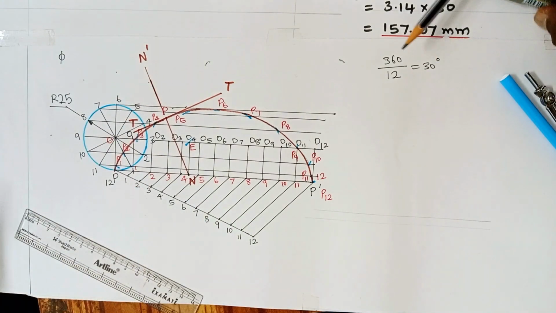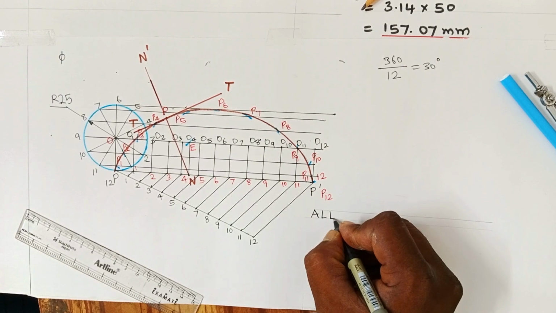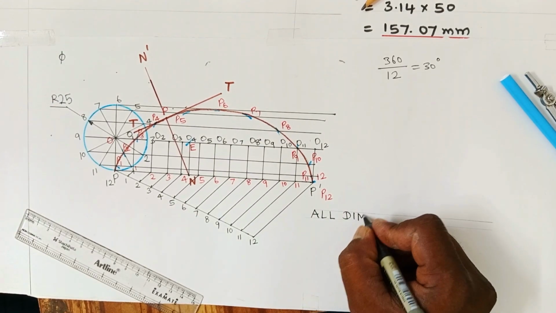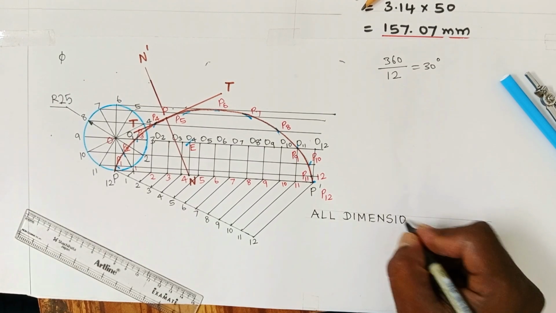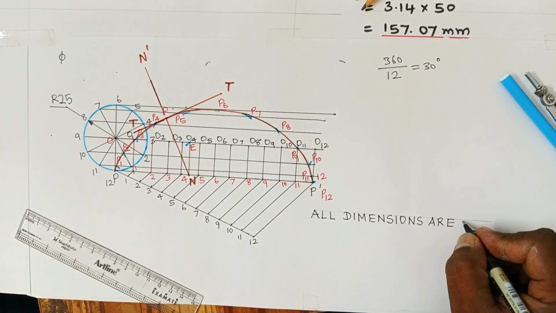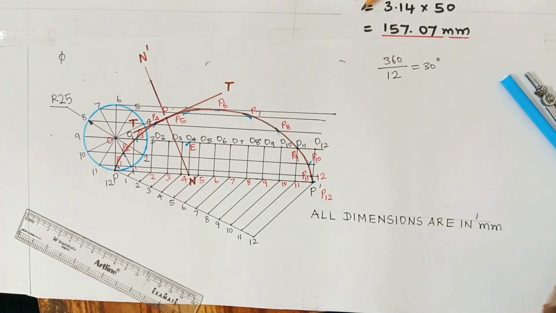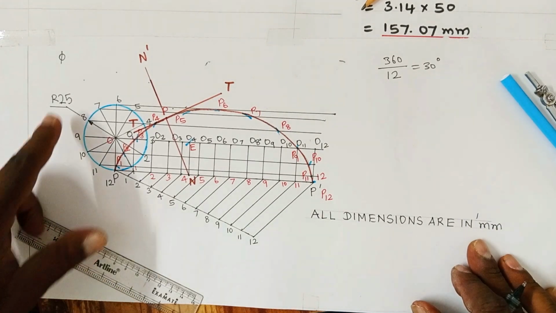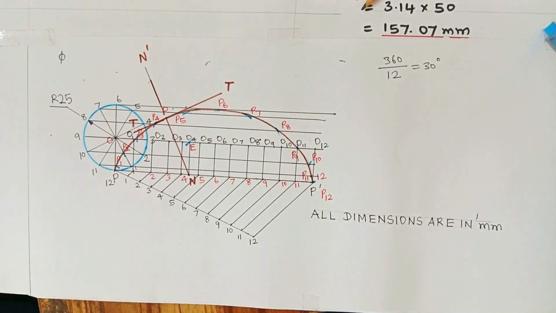Write the statement: all dimensions, dimensions meaning size, in capital letters, are in mm. Write mm alone in small letters, which stands for millimeter. Millimeter is the unit followed for this 25 mm. This completes the cycloid of a circle asked in the question. So you also practice and score better marks in the university examinations. And thanks for listening.